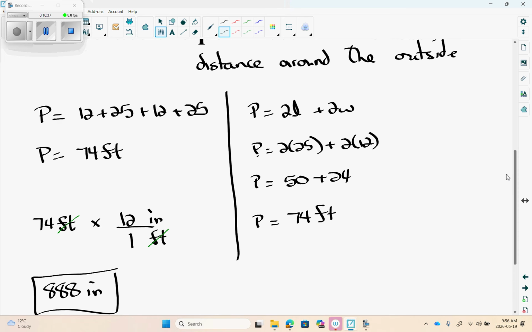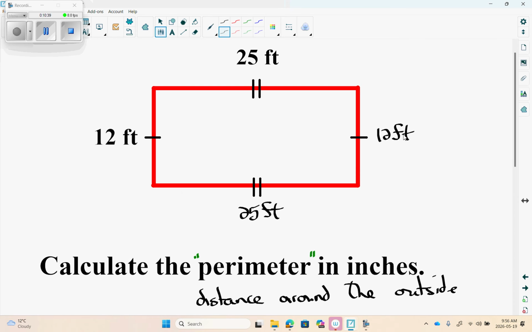What I mean by that is I could have changed this to inches. So there's 12 inches in 1 foot. These would go away. That gives me 144 inches. I could do the same up here. 12 inches in 1 foot. These go away. 25 times 12 is 300.